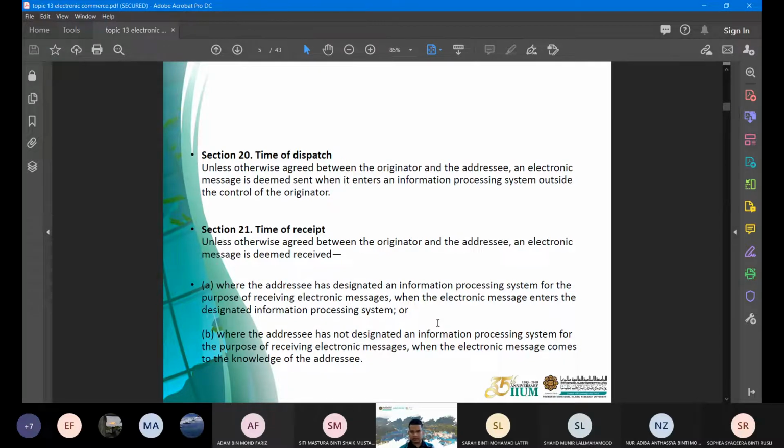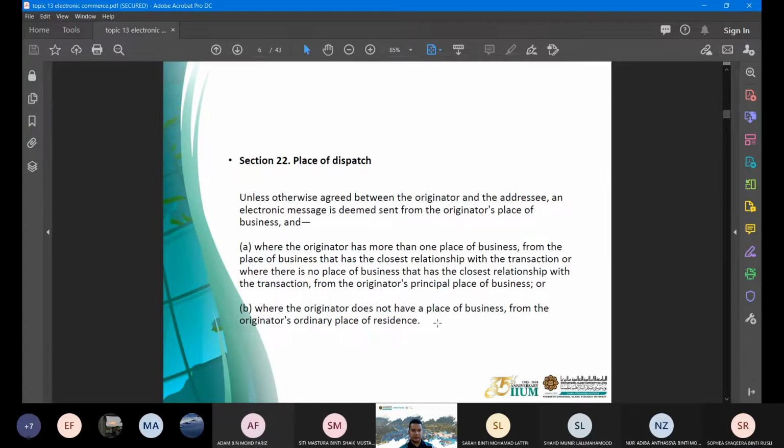Usually we can detect this if we are sending an offer by email, there's an automatic system that tracks the time when we send out the email. Time of receipt will be the time that is dictated by the system, unless in your agreement you decide otherwise, then that would apply.